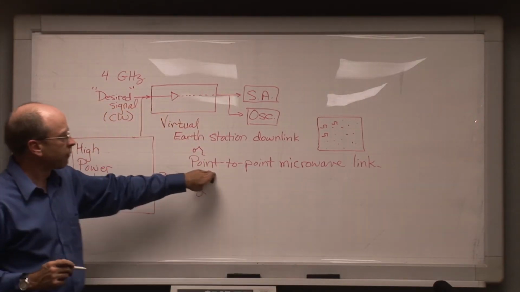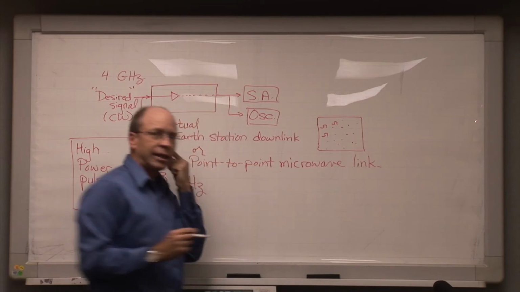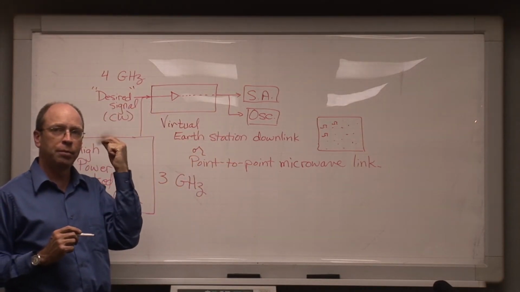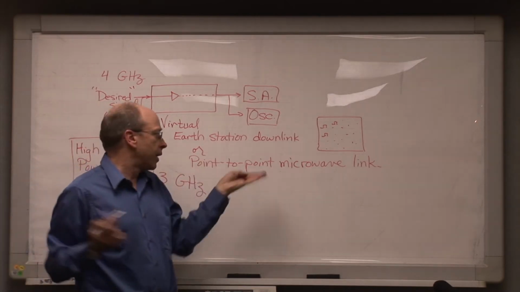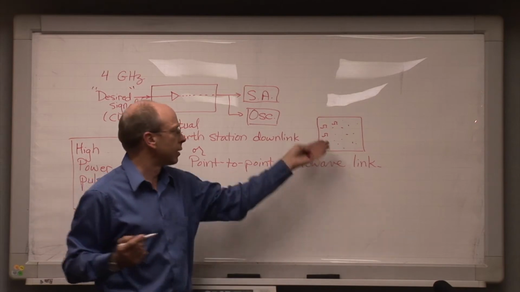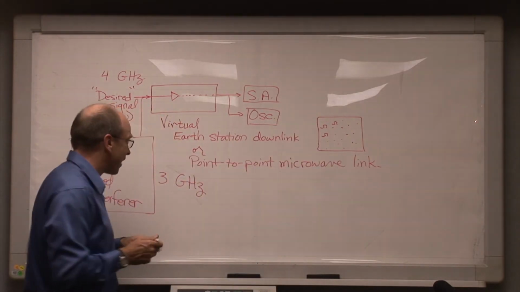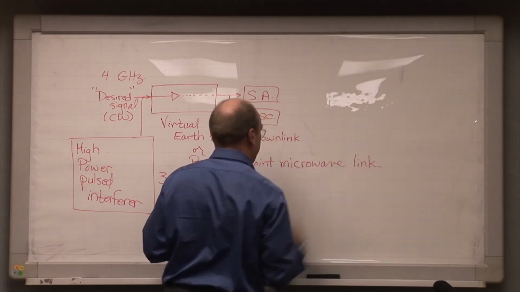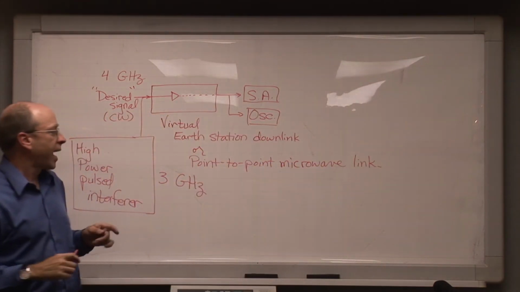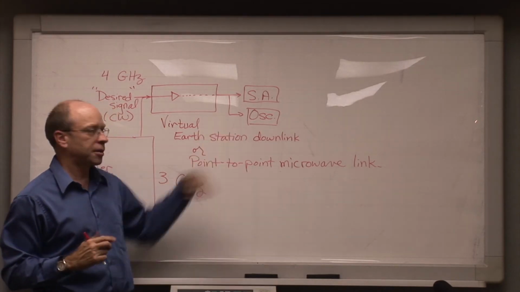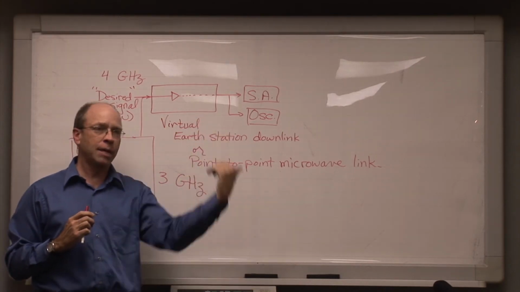Or in a point-to-point microwave link that was analog, people would be listening, and every 5 or 10 seconds they would hear a bzz, bzz, but they didn't care. Again, it was getting front-end overload, but with an analog system, people tend to look through it or hear through it, they didn't care. But as these systems have gone digital, they're able to do continuous measurements of bit error rate, and the people who are operating these links suddenly see a bit error rate that jumps up every 5 or 10 seconds.